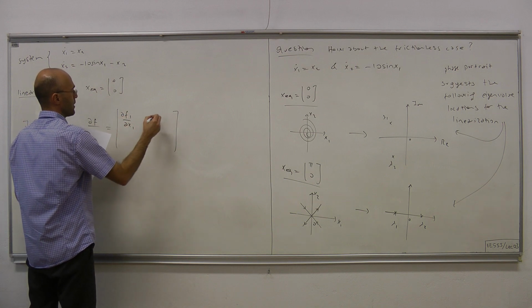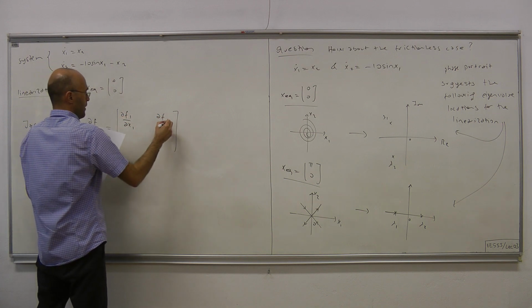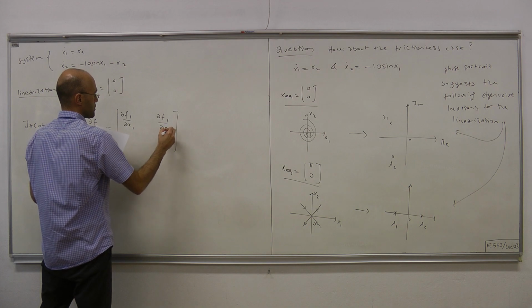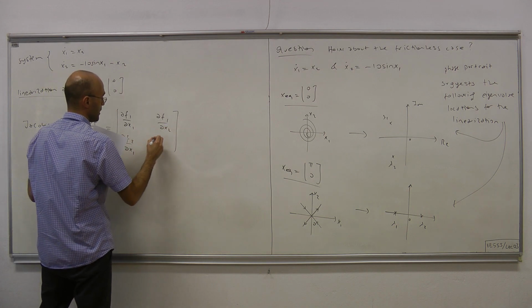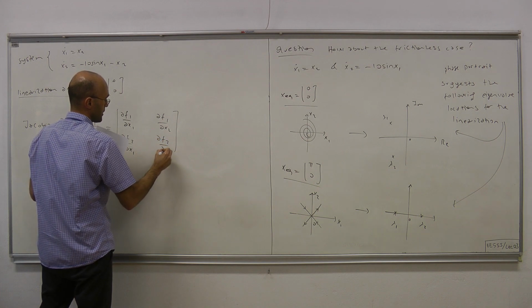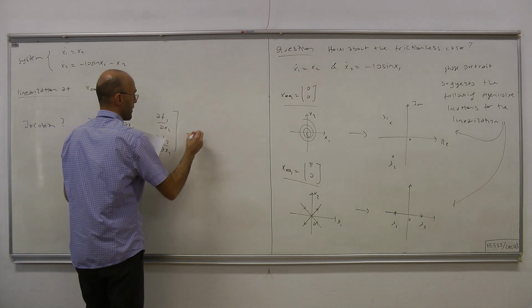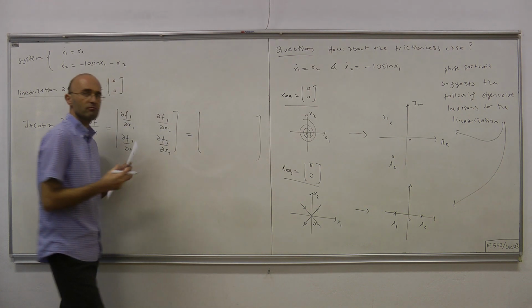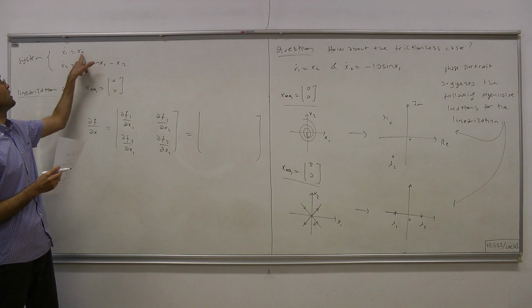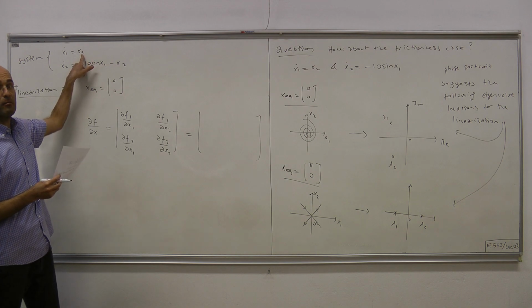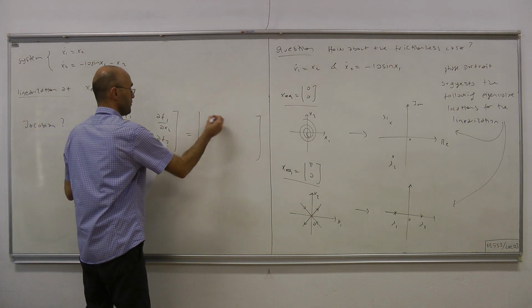Partial f1 partial x1, partial f1 partial x2, partial f2 partial x1, partial f2 partial x2. Okay? And that's what the Jacobian is. Partial f1 with respect to x1 is 0, because f1 does not depend on x1.